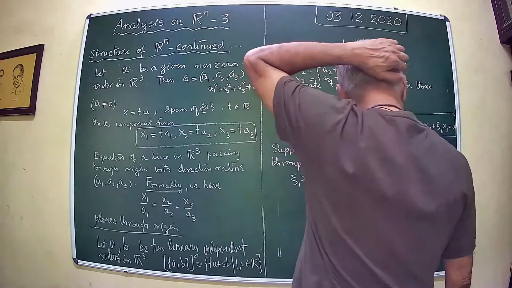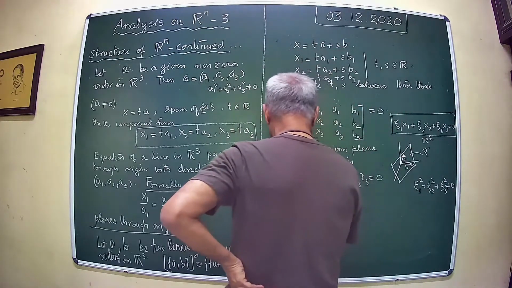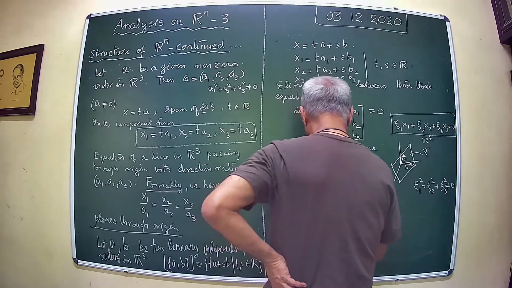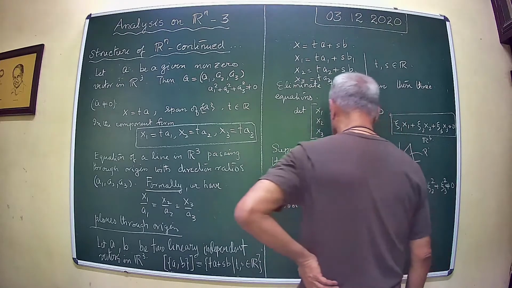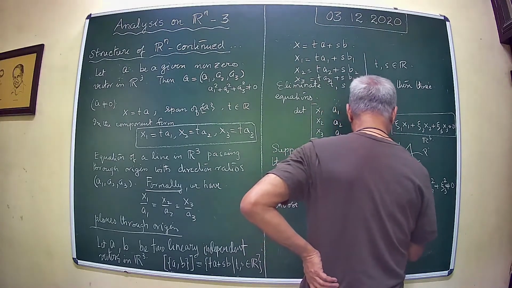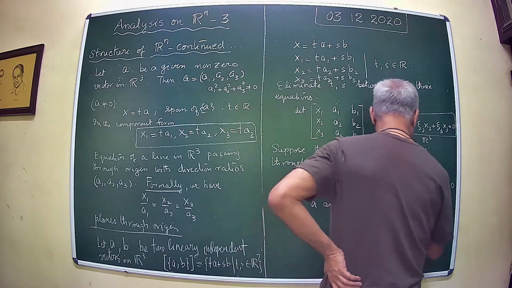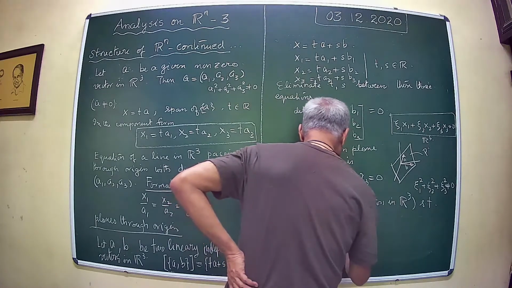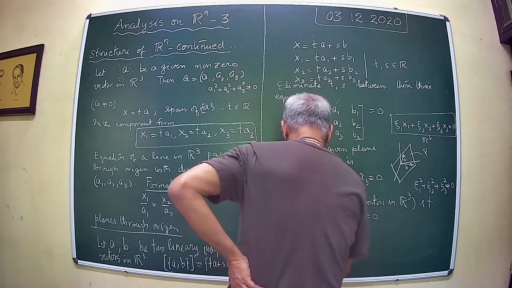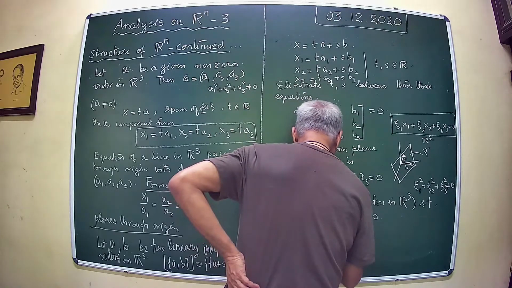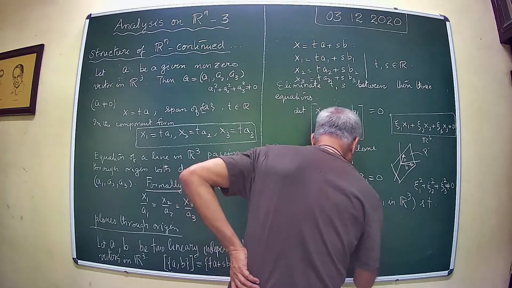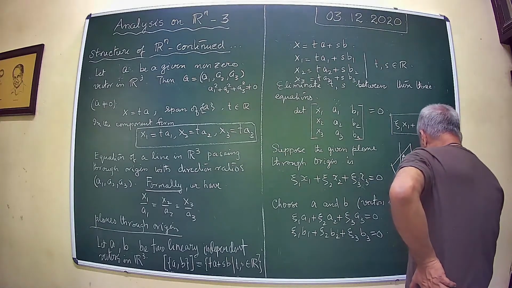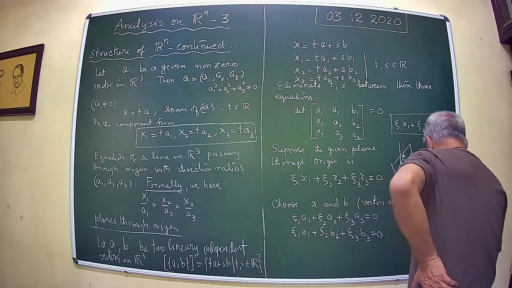Now what one does is choose A and B, vectors in R3, such that psi 1 A1 plus psi 2 A2 plus psi 3 A3 equal to 0, and psi 1 B1 plus psi 2 B2 plus psi 3 B3 equal to 0, where A is not equal to k times B for any k.